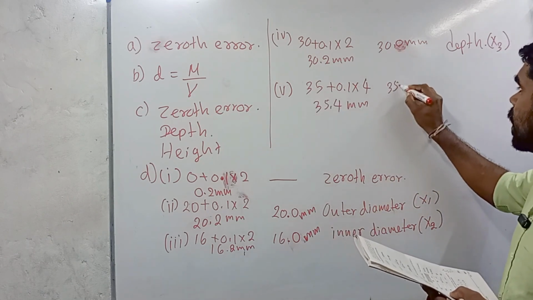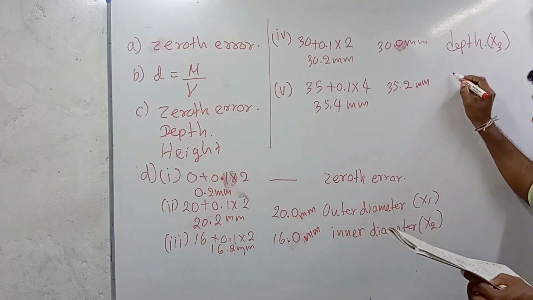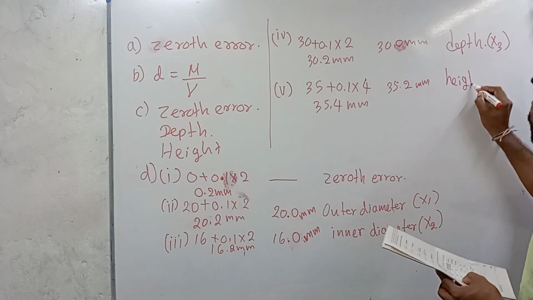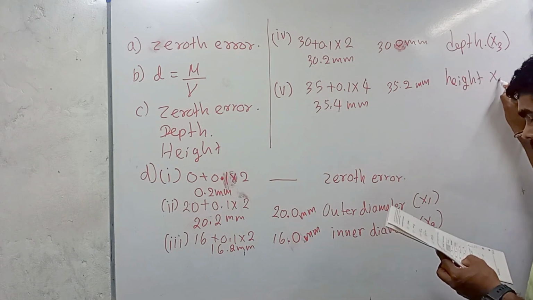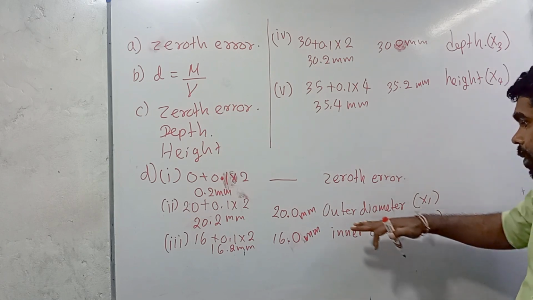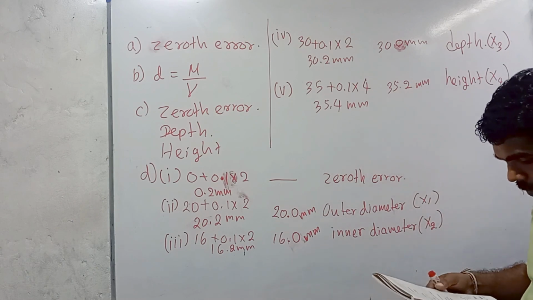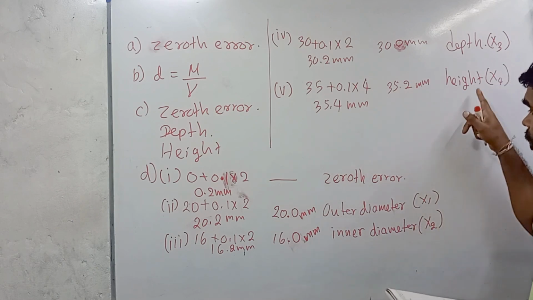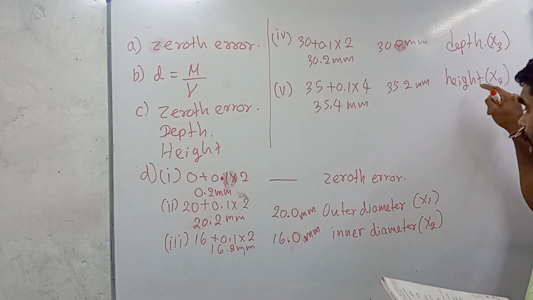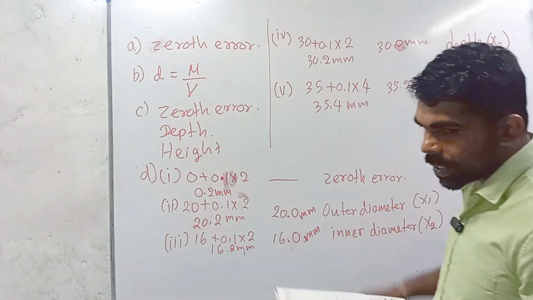Corrected reading is 35.2 millimeters. It should be height of the cylinder. They have given it as x4. Now you can compare this outer diameter and height. Height is the larger one. Therefore, we can't write the outer diameter for this one and height for this one. We have to write in this method.